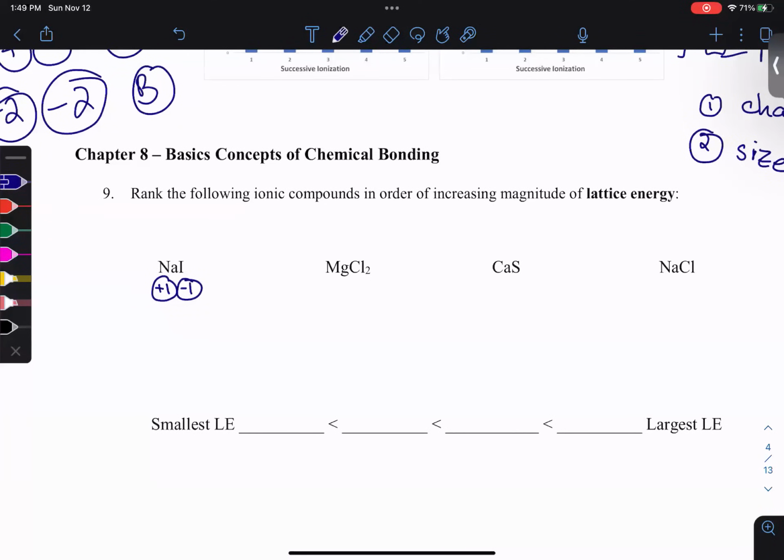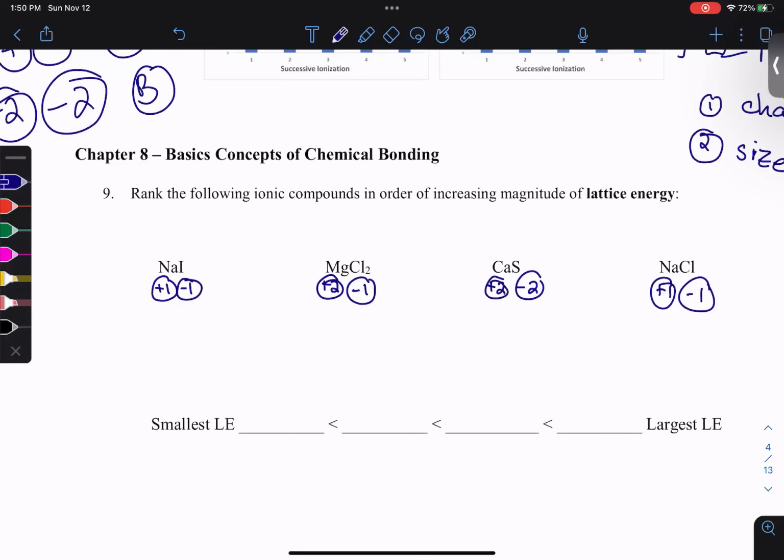Magnesium is what charge in magnesium chloride? +2, -1. I know there's 2 chlorines, but just look at the charge of one of those chlorines. Calcium sulfide. So we have calcium, which is what charge? +2. Sulfide is -2. And then sodium chloride is +1, -1.